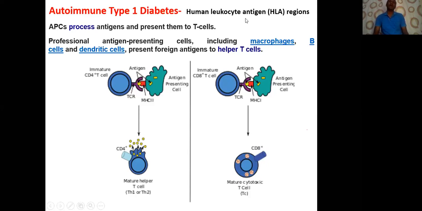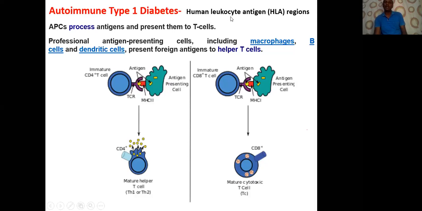This region of our gene is responsible for the autoimmune disease in type 1 diabetes.